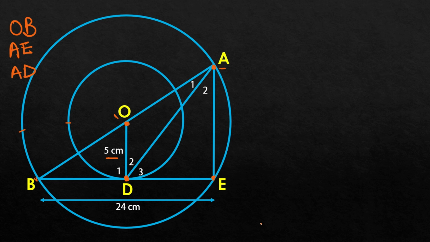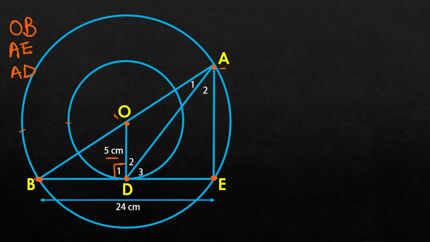The other thing that you'll notice is that we have got BE, which is a tangent to a smaller circle. So whenever a radius intersects a tangent, it forms an angle of 90 degrees. So the radius is always perpendicular to the tangent.